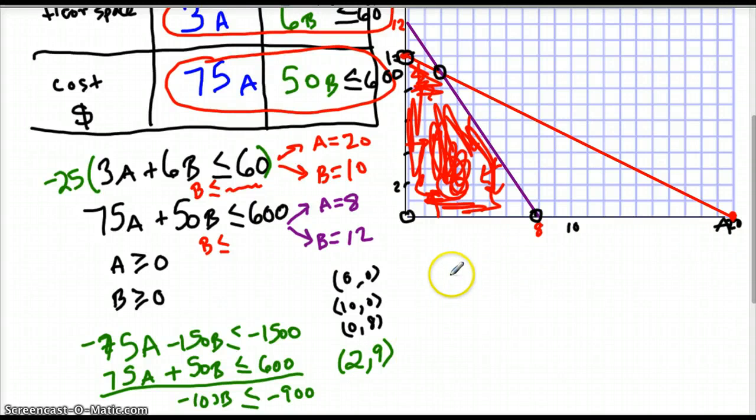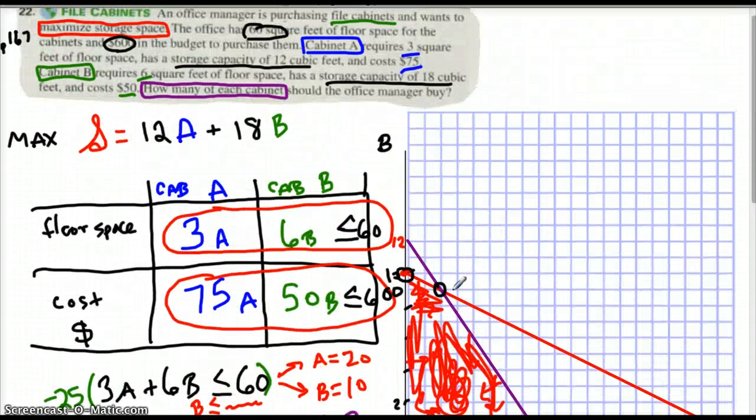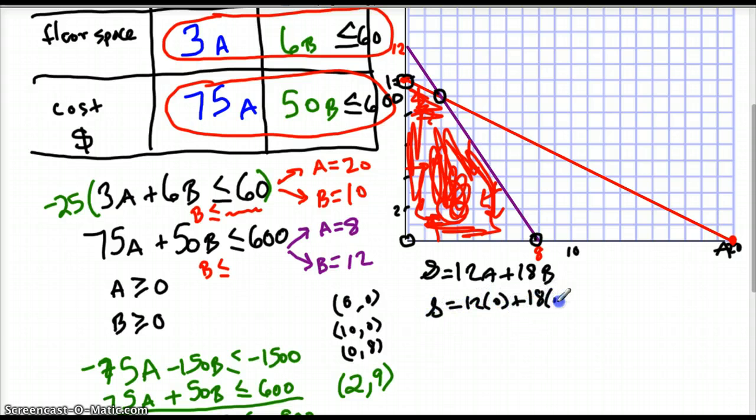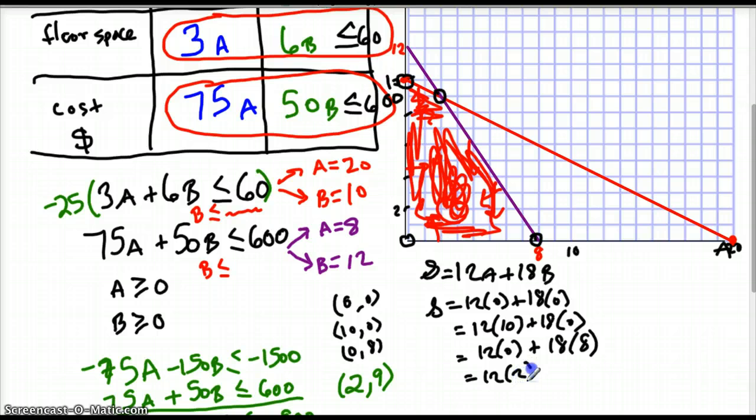So now we go to our master equation, of course, and that's 12A plus 18B. So remember, that was storage space is 12A plus 18B. And so we say storage space is 12 times 0 plus 18 times 0 versus 12 times 10 plus 18 times 0, versus 12 times 0 plus 18 times 8, and versus 12 times 2 plus 18 times 9.